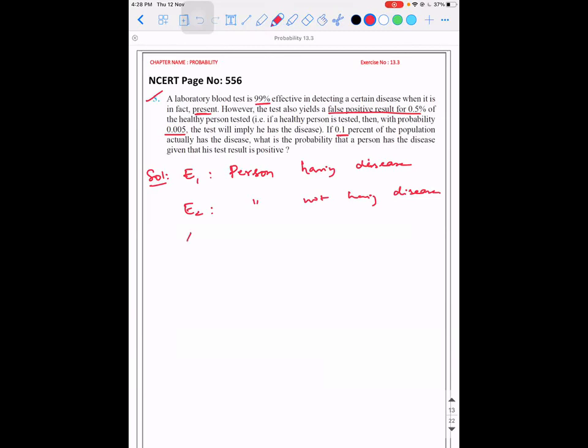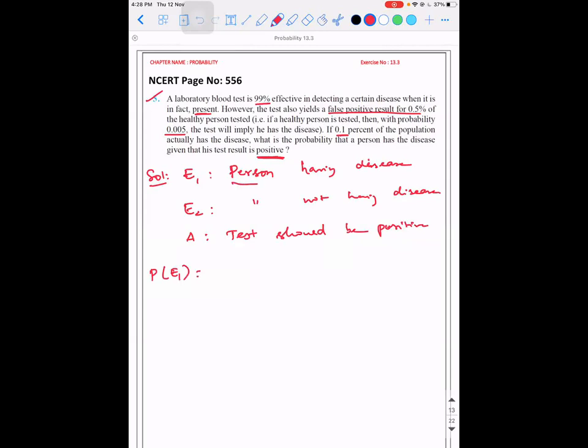Okay. Now, what is the event A? Event A is the testing process, right? So test should show what? Should be positive. So what is the probability of E1?